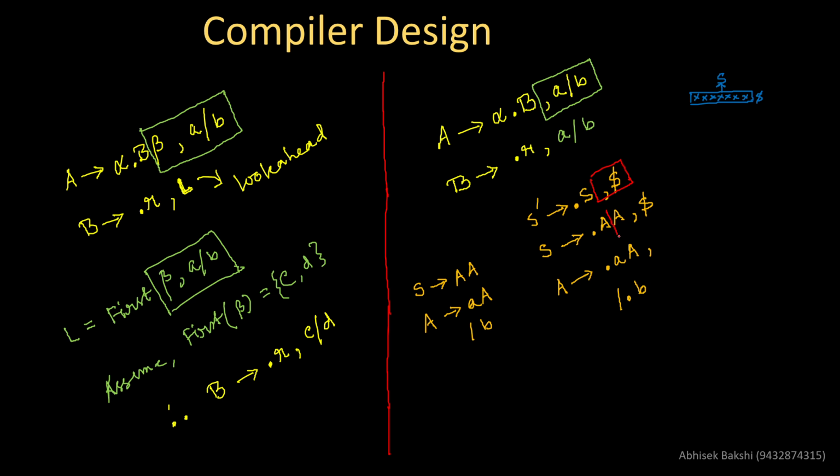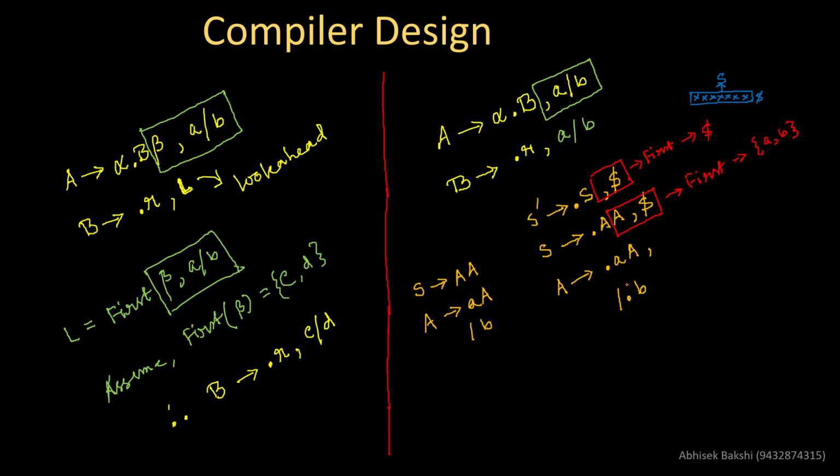In this case, this part is left, because we are finding the closure of the first capital A, not the second one. Previously the first was obviously dollar, but in this case it's not dollar; it's the first of capital A. From this grammar, you can see first of capital A can be either a or b.